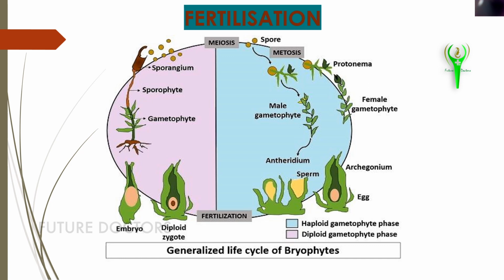Instead, they produce a multicellular body called the sporophyte. The sporophyte is not free living, which means it is dependent, attached to the photosynthetic gametophyte and deriving nourishment from it. Some cells of the sporophyte undergo reduction division to produce haploid spores.